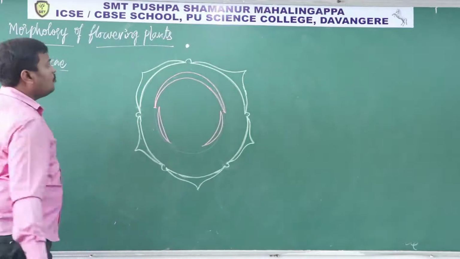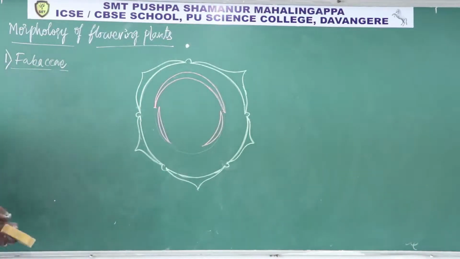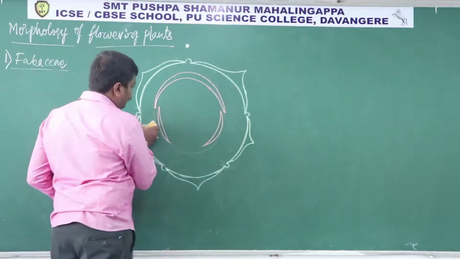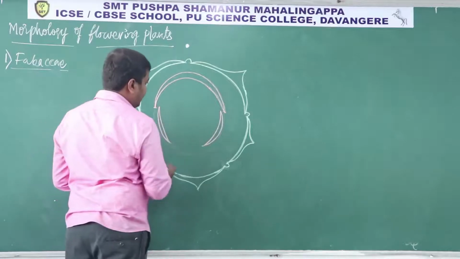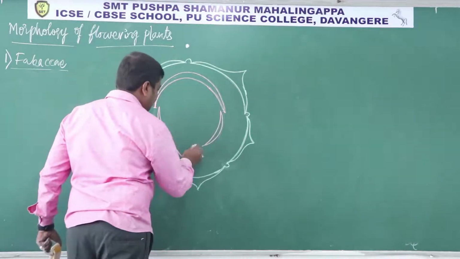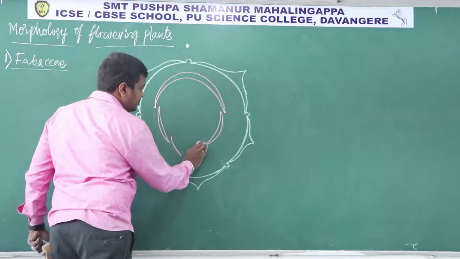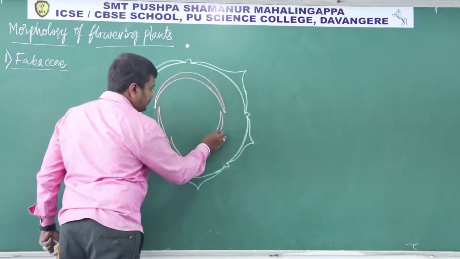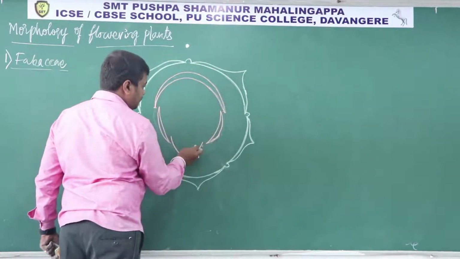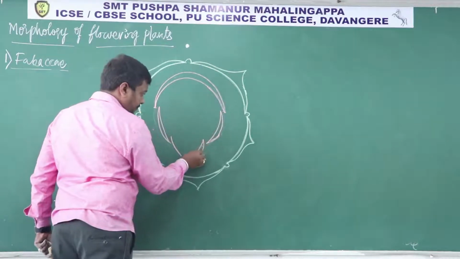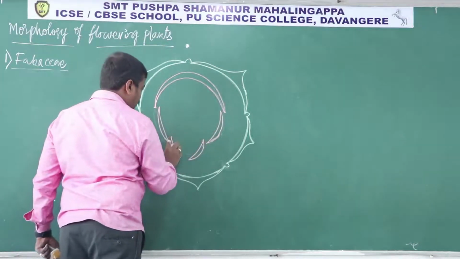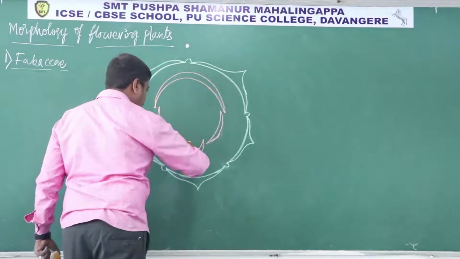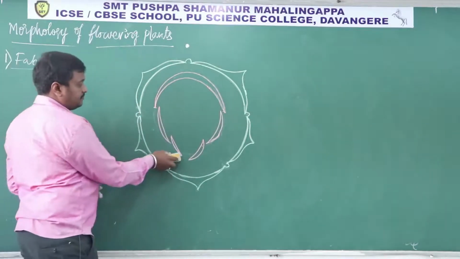These 2 wing petals enclose 2 more, and they are fused to form a keel petal. So the keel petal has two, and these 2 small petals are fused together. See, this is also a petal, this is also another petal, but both are fused at the base.